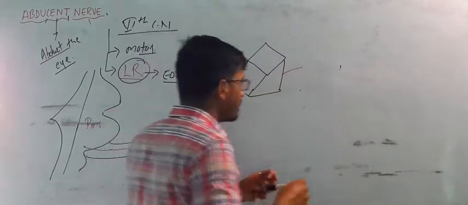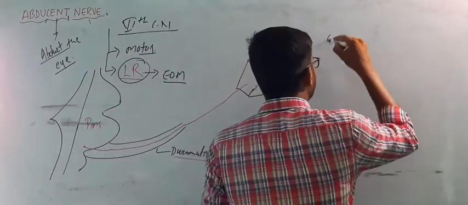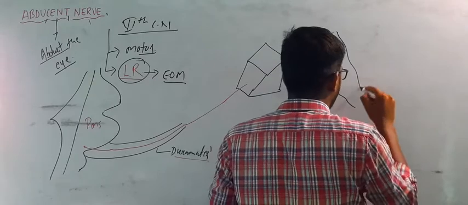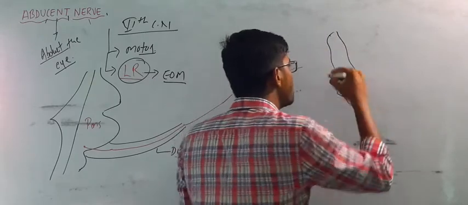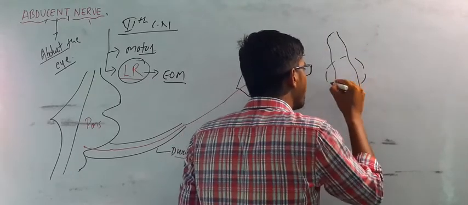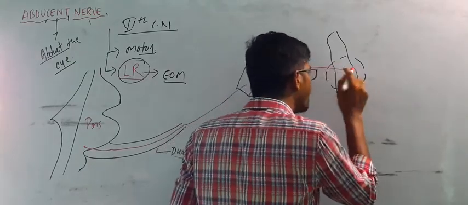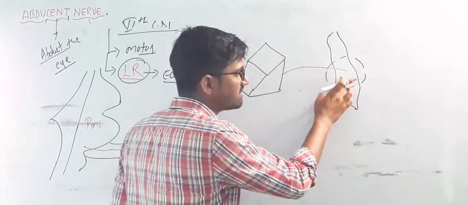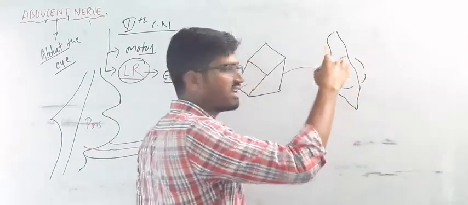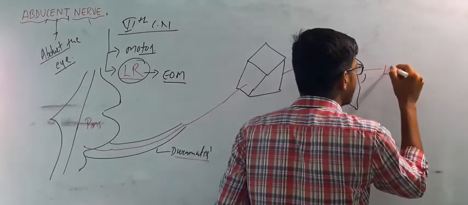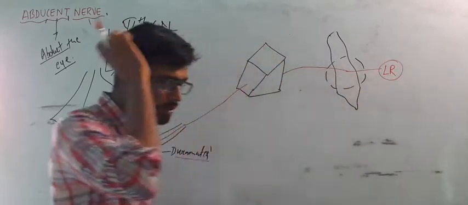One minute, let me draw everything. Here is your superior orbital fissure, and here is your tendinous ring. So it will enter the superior orbital fissure within the tendinous ring and supply the lateral rectus. Have you any problem up to this?